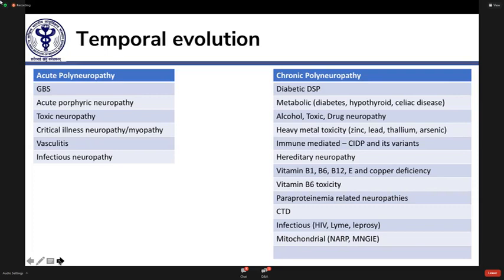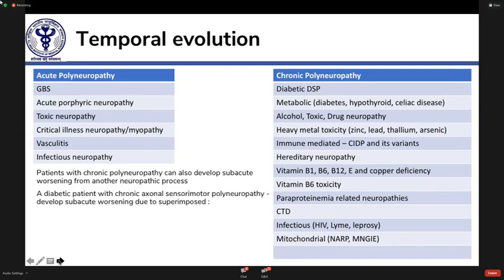In between these, most of these can cause a subacute onset polyneuropathy also. Patients with chronic polyneuropathy can also develop subacute worsening due to another neuropathic process. For example, a typical diabetic sensorimotor polyneuropathy can present with subacute worsening.